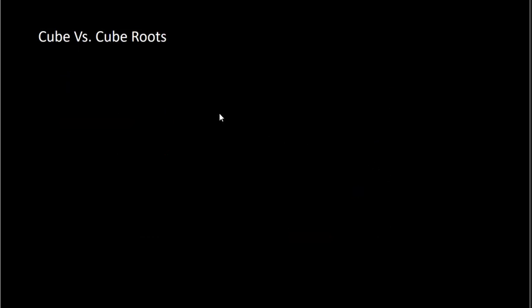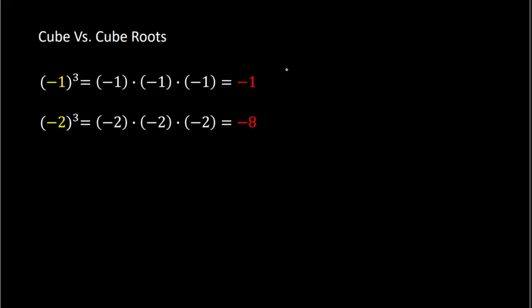Now let's continue this conversation and extend our study to include negative numbers. What if you had negative 1 to the third power? That means we have 3 negative 1s multiplied together, which would be a negative 1. What about negative 2 to the third power? That's 3 negative 2s multiplied together, which would give me negative 8.